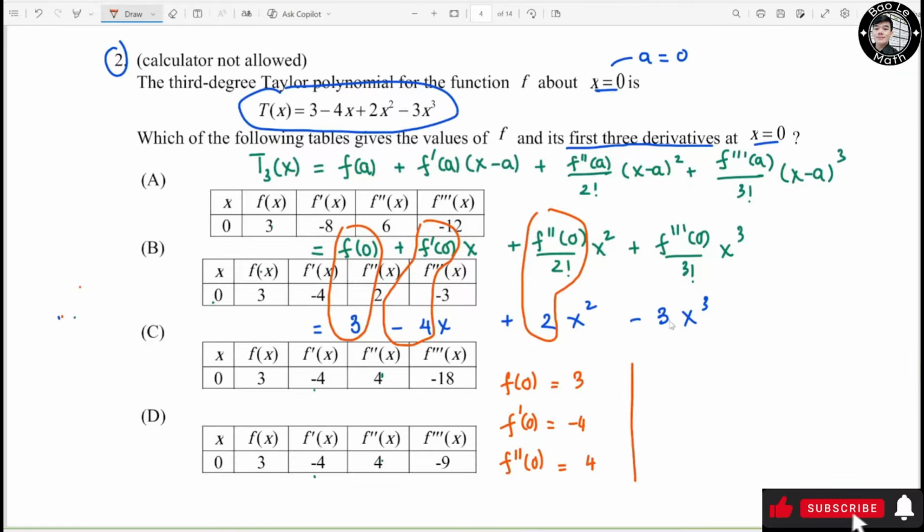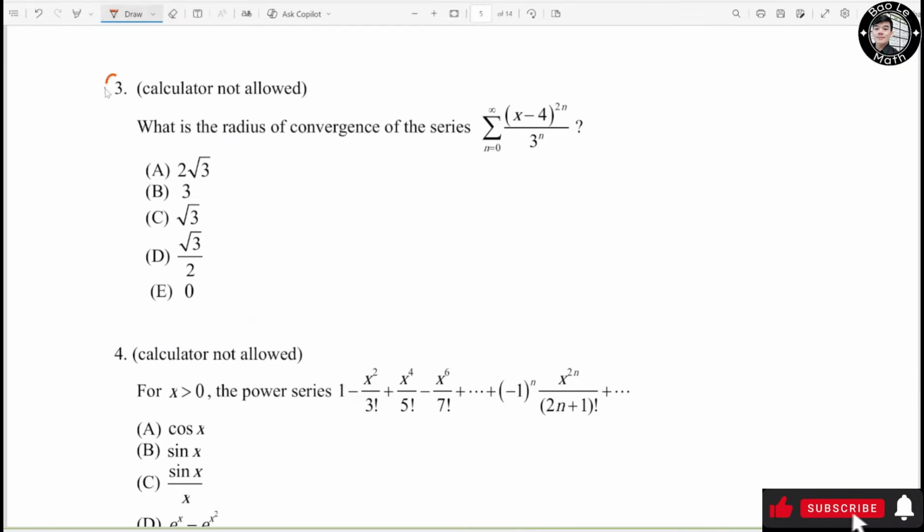And f triple prime of 0 over 3 factorial equals negative 3, so f triple prime of 0 equals 3 factorial times negative 3, which is negative 18. So all this matches.